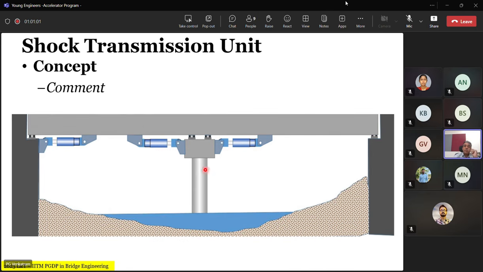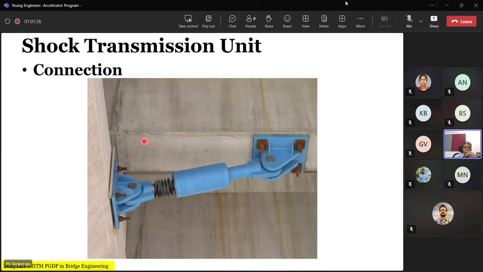And in the case of seismic events, these shock transmission units will come in. So the question to you is this: is it good, bad, or would you like to suggest any changes? Later on, note it down and send it back to me in the form of a chat. Comment on this concept, whether it is fair or not.